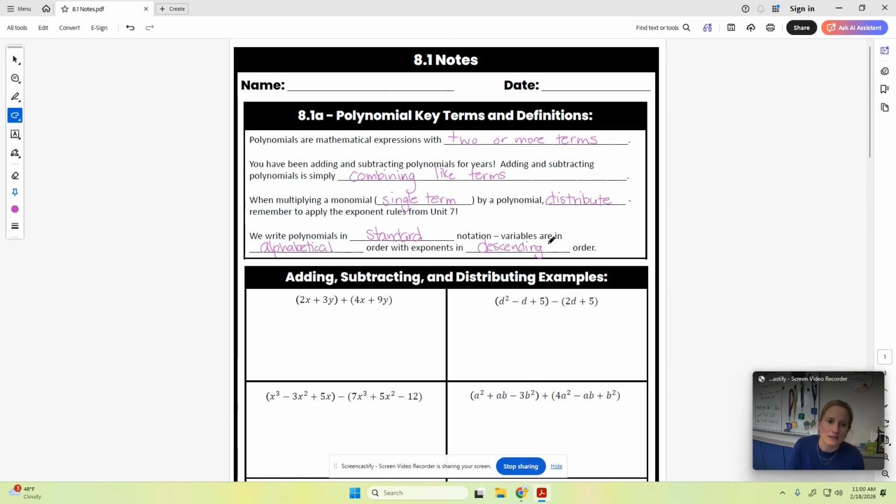When we talked about standard form in Unit 7, we did talk about the alphabetical order. We'll get into, with the examples and writing them, a little bit more about what I mean by exponents in descending order there.